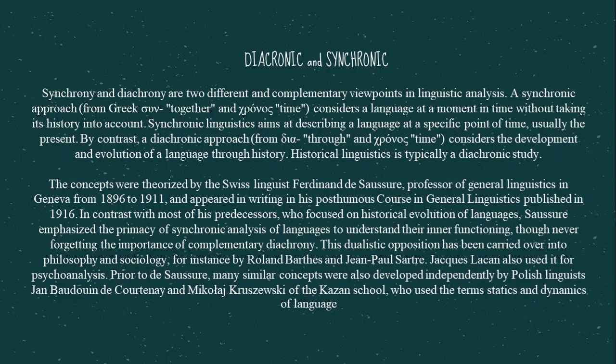Prior to Saussure, many similar concepts were also developed independently by Polish linguists Jan Baudouin de Courtenay and Mikołaj Kruszewski of the Kazan School, who used the terms statics and dynamics of language.